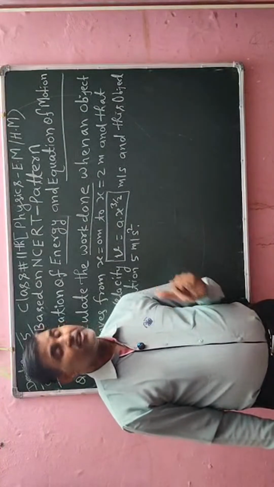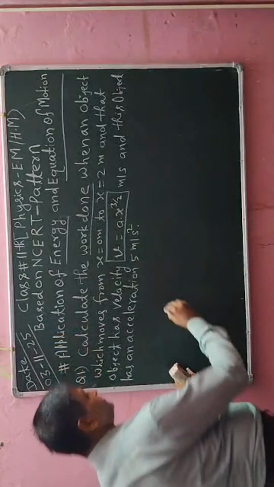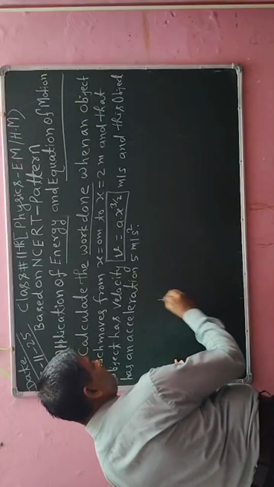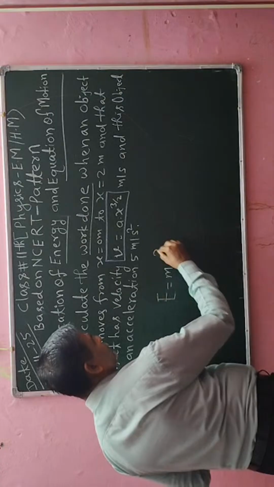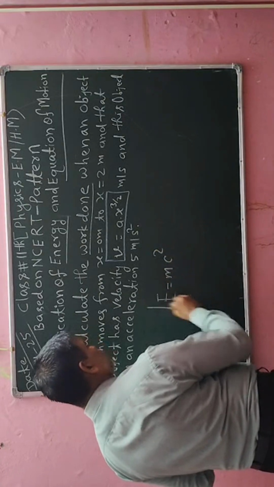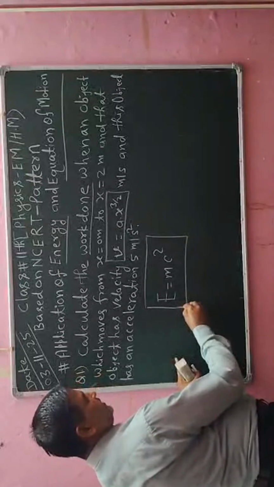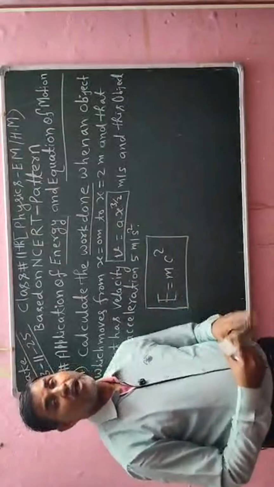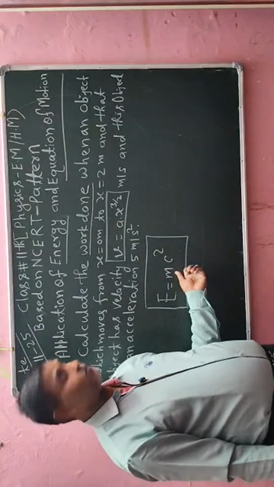Okay, now here we also have to explain energy in the form of E is equal to mc square. This is the formula given by the scientist Albert Einstein. If I take any object, that object will have a certain mass.